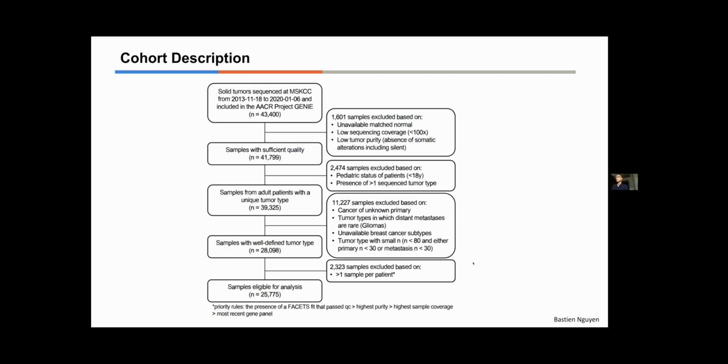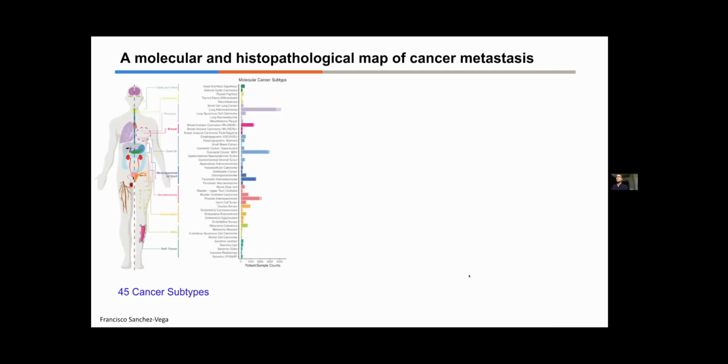So, this project has been in flux, but this is just a cohort description. You can check the paper out to get the full details, but at the end of the day, we have more than 25,000 samples that were analyzed here. I'll just go through this quickly as a summary.